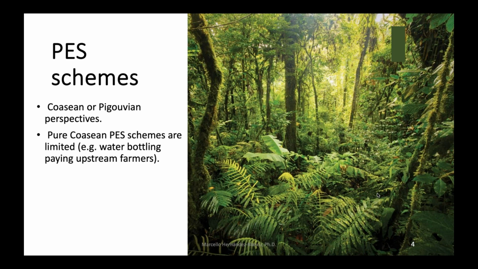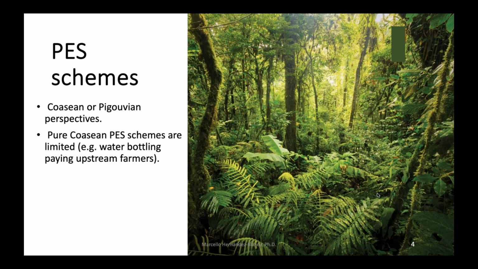So the Coasean ones are limited. There are not many of these, and this is where the government doesn't play a role. It is very direct between who is selling the service and who is benefiting from or buying that service. For example, water bottling companies that pay upstream farmers for better practices to improve the water quality, right?